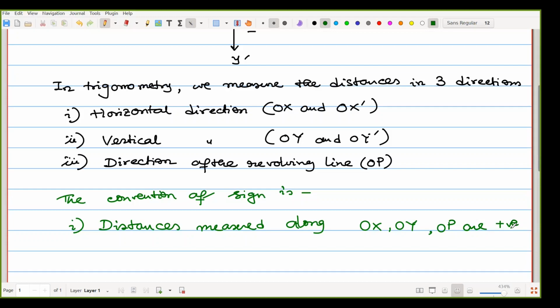And another one, distances measured along OX dash, OY dash are negative. So that means positive and negative, these 2 directions are practically counted.